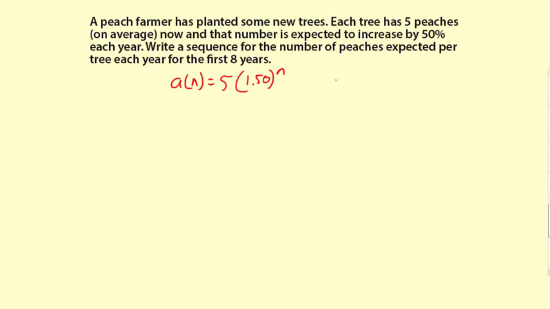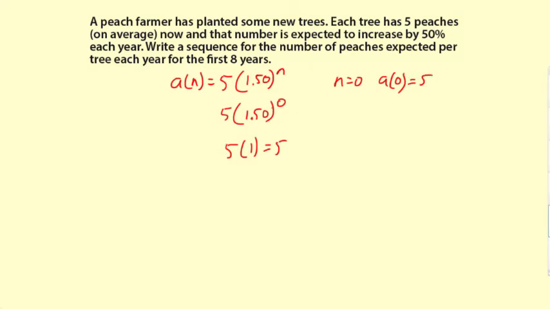So first you could input n equals 0, and that tells us something we already know, because we would have 5 times 1.50 to the 0 power, so it's 5 times 1 equals 5. So for n equals 0, A of 0 equals 5.